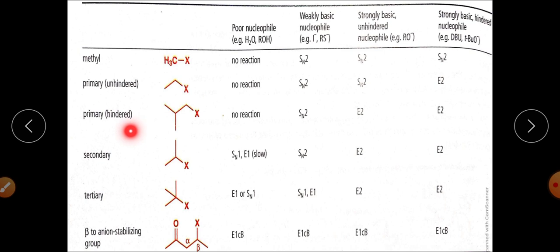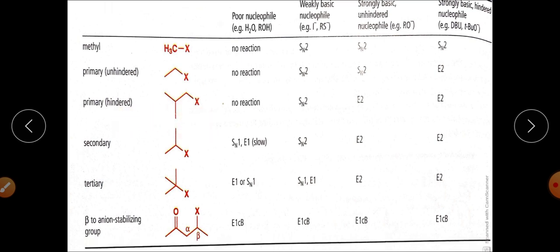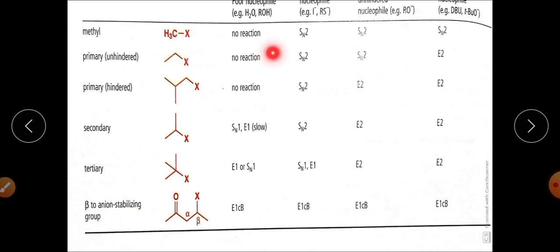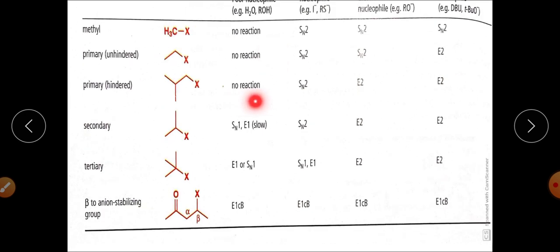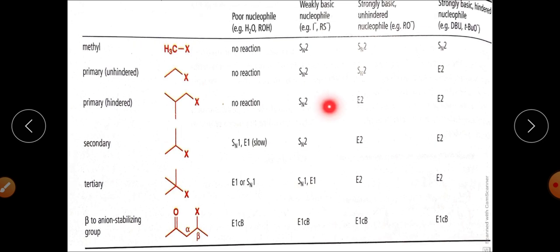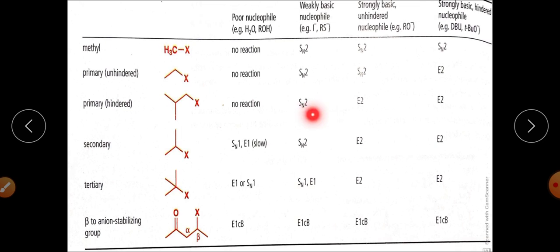When we are having a case of primary substrate and that primary is hindered, at that time with poor nucleophile there will be no reaction. Similar concept. With weakly basic nucleophile there will be SN2 reaction. Under strongly basic unhindered nucleophilic condition, you can see that reaction will be E2, elimination bimolecular, and the same mechanism will be favored for hindered base.